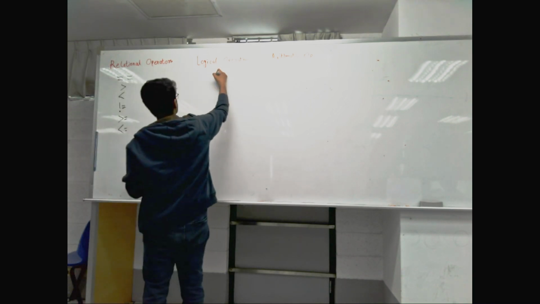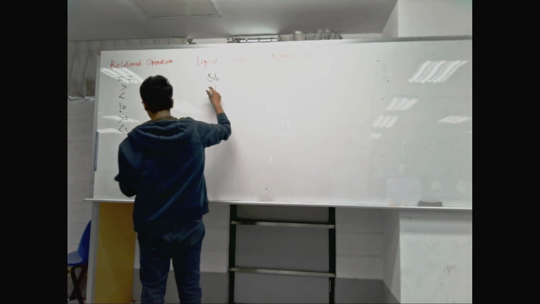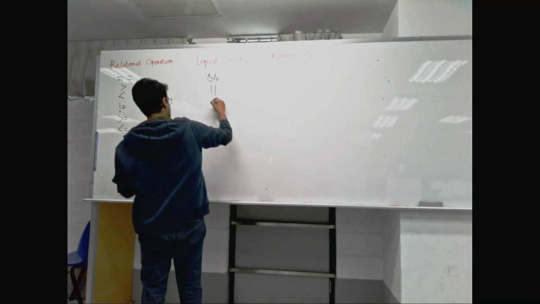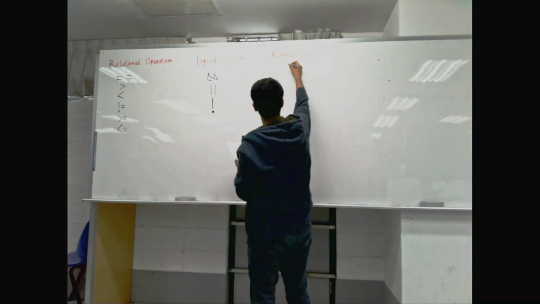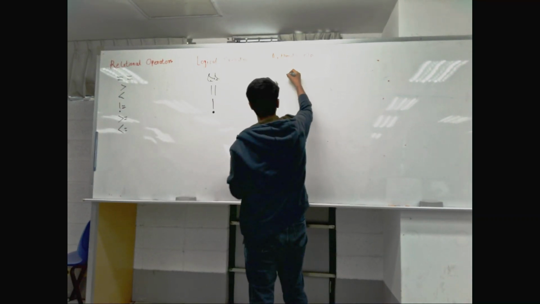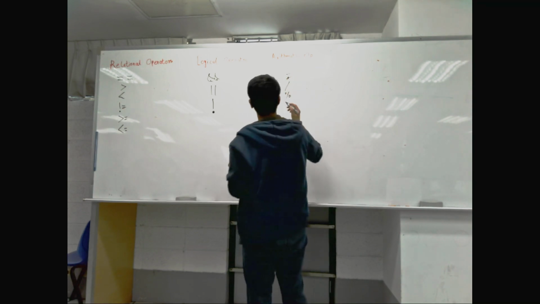For logical operators, we have ampersand ampersand, two rods (I don't know what they are called), and an exclamation mark. And for arithmetic operations, we have plus, minus, multiplication, divide, and this is called a modulus operator.